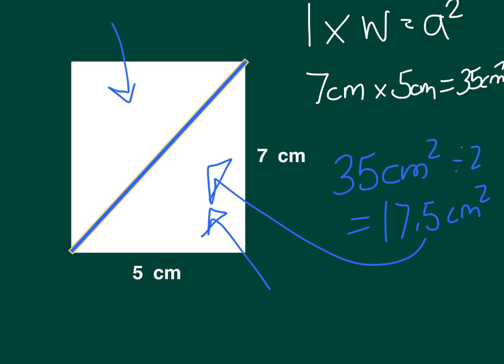Now that's handy in this particular circumstance, but I'm not always going to have a rectangle to work with, so I'm going to have to figure out how can I find the area of a triangle when it's on its own. Let's take a look at another parallelogram and see if that will help us a bit.